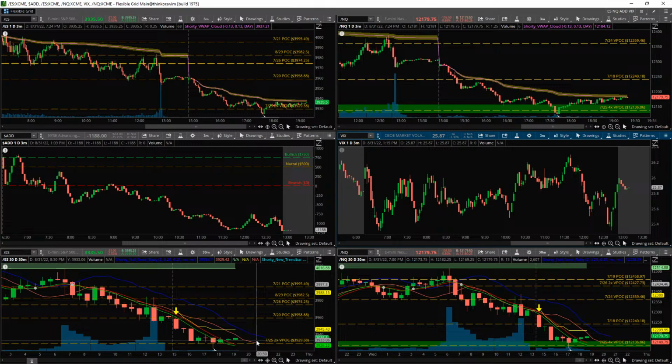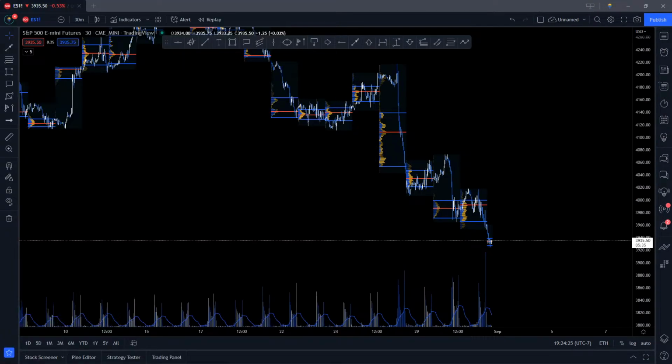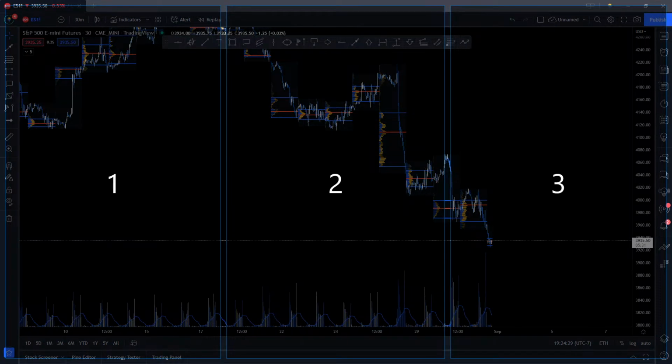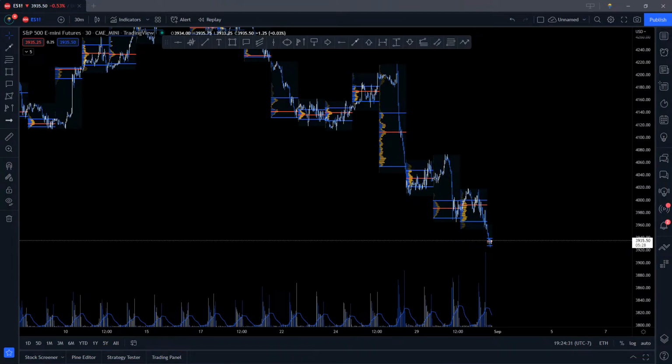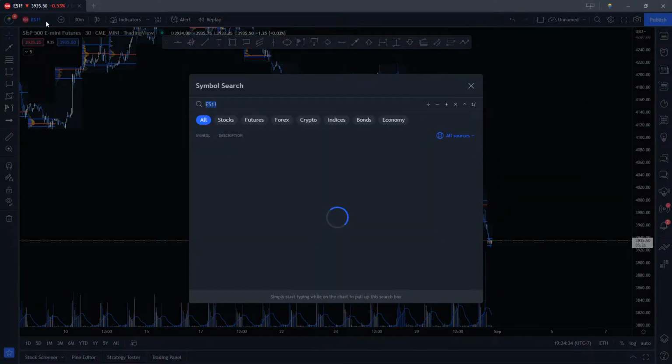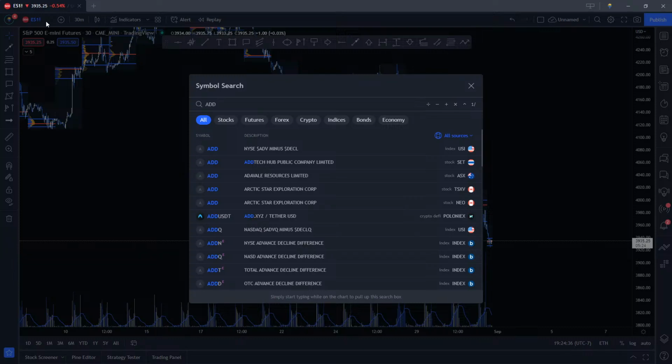If you use Thinkorswim, that's what we're looking at here. If you use Thinkorswim, you already know we're looking at Thinkorswim. But on Thinkorswim, it's $ADD. On other brokers, it'll probably be called something else. Like if we were to go to TradingView, it's just going to be ADD.